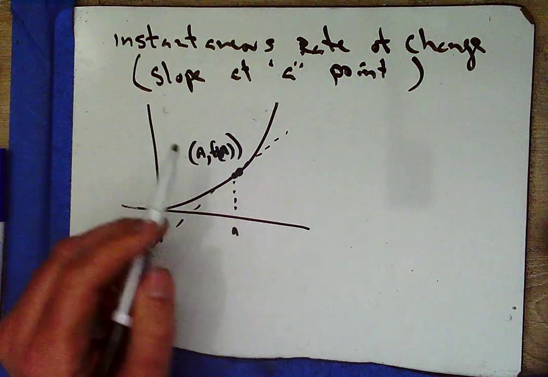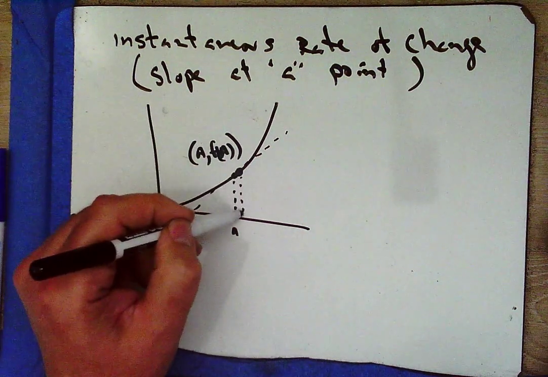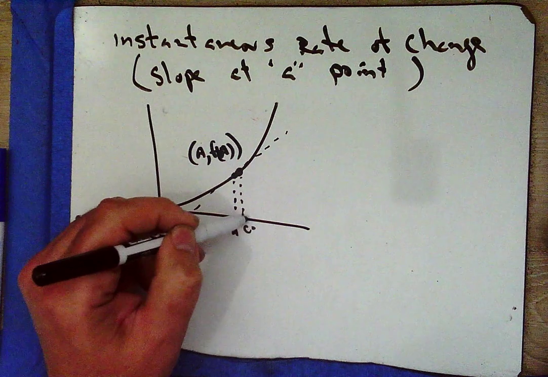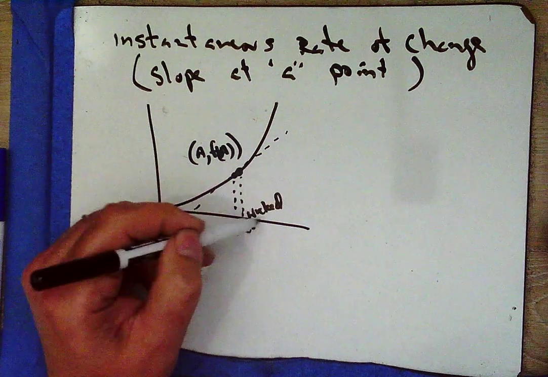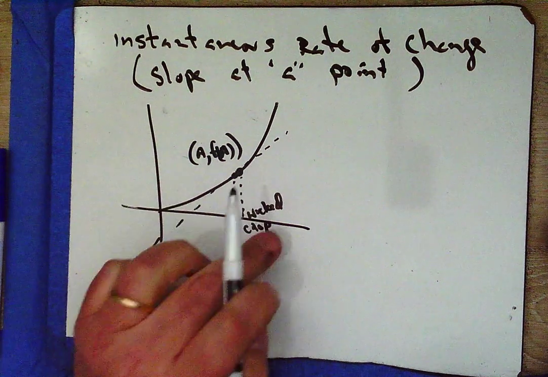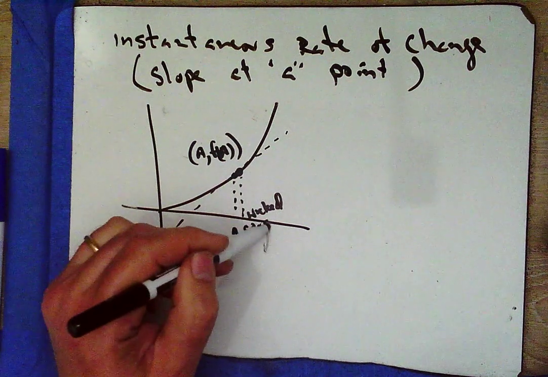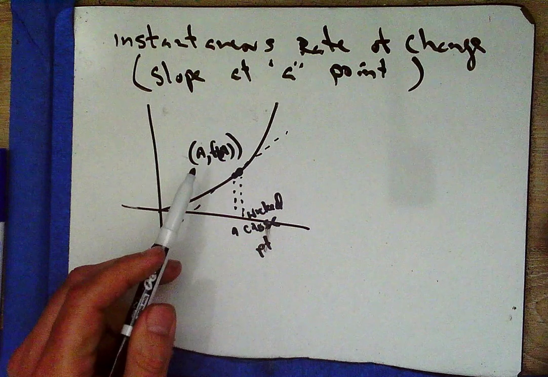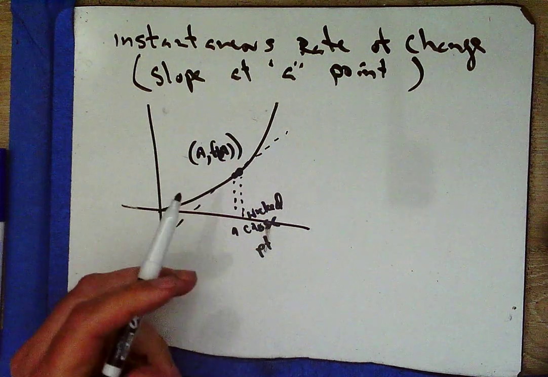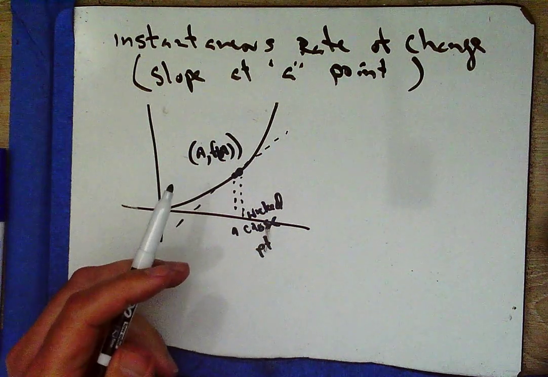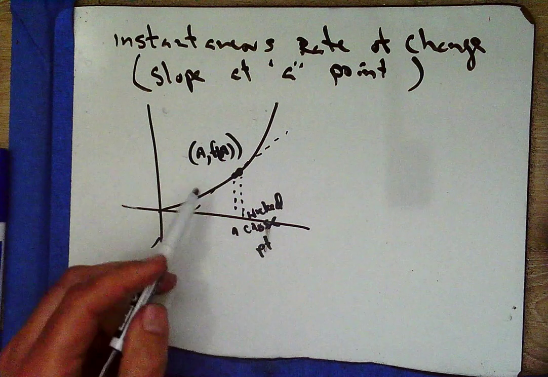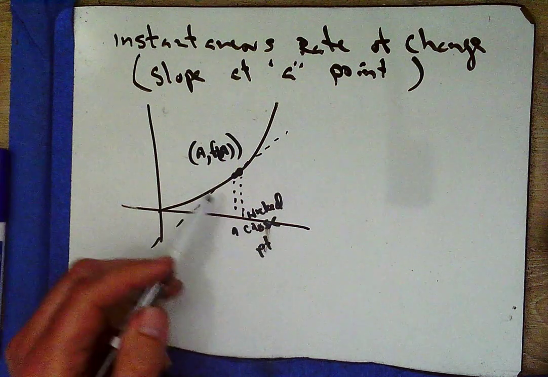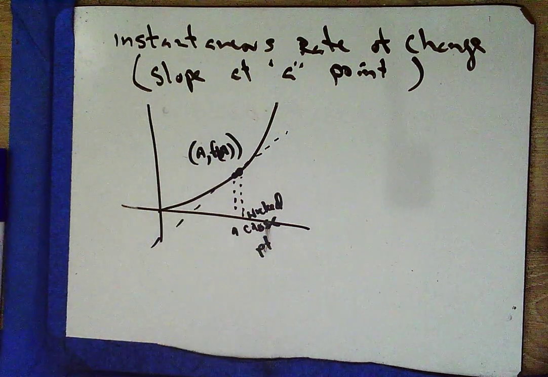Now, even though we have this wicked close point, very near A comma f of A, we're still not getting the actual slope at the point. This is still just going to be an approximation.